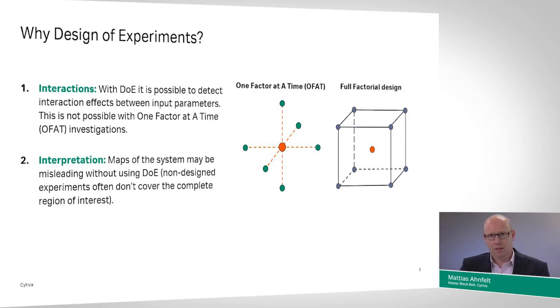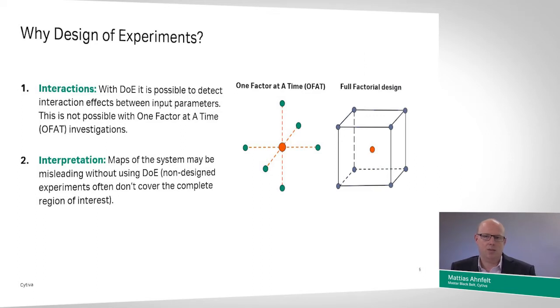Let's look into a couple of different reasons, more technically, why design of experiments is a good idea. The first reason is that if our process has interactions between our process inputs, we really need a DoE approach where we systematically change all our process inputs, or the key important process inputs, simultaneously, to be able to quantify and understand how those process inputs interact with each other.